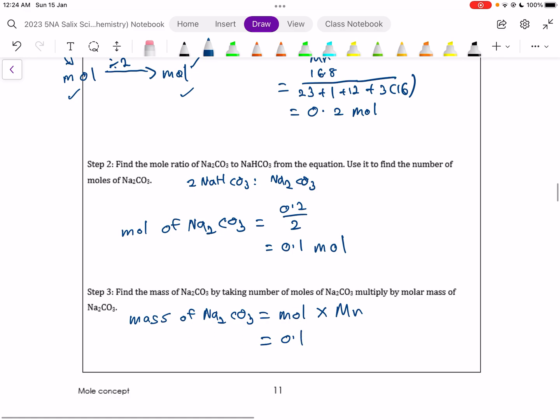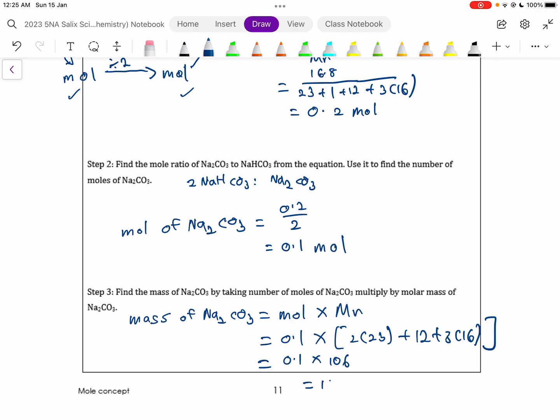Mole is 0.1. You have to check the periodic table for the relative atomic mass, which is 106, so 0.1 times 106 gives you 10.6 grams.